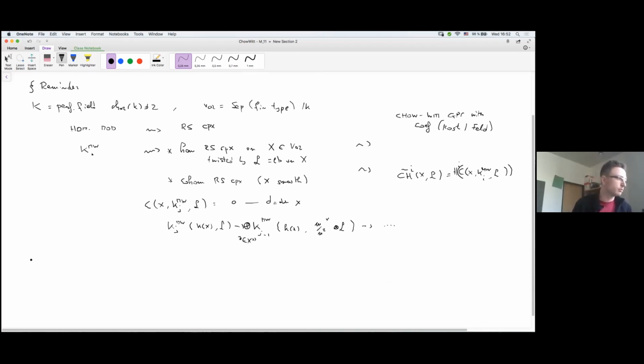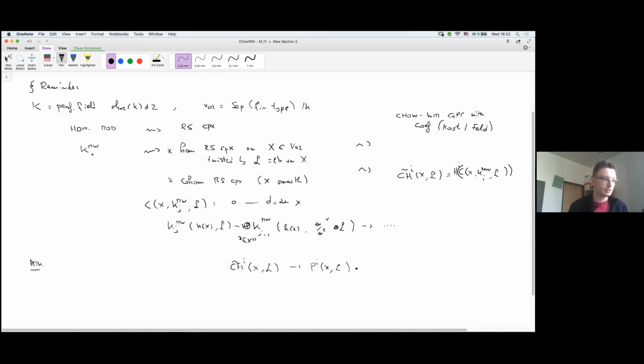And maybe a quick remark is, first of all, that Chow-Witt groups sit in a sequence which presents them as an extension of two groups.